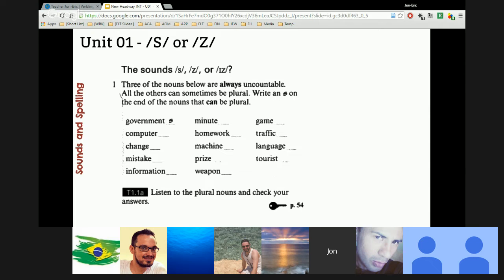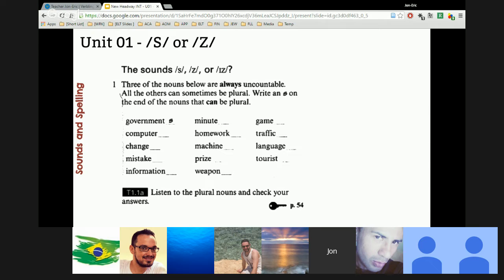The next word is prize. Is the ending S, Z, or IZ? Almost. You have to add a syllable. Prizes. That's it. So this one is the IZ ending.